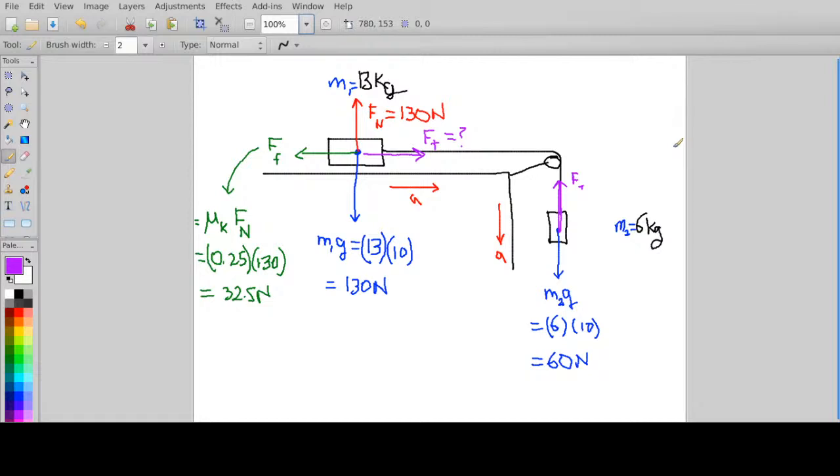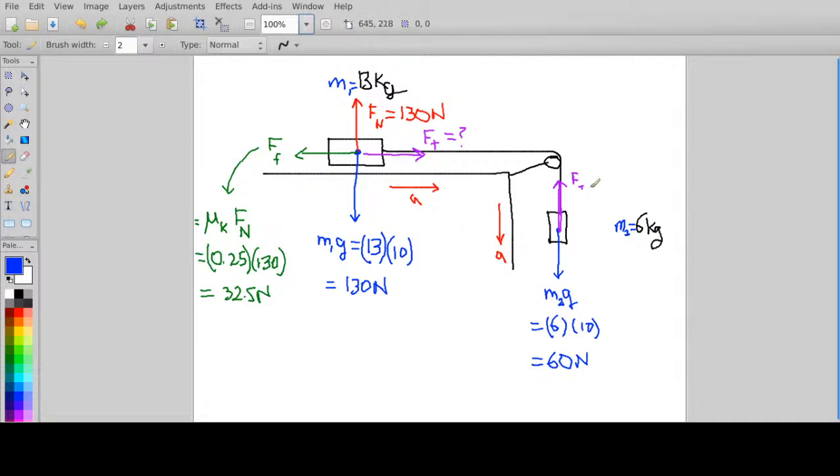There's just nothing that tells you what it is. The only thing you can say is that Ft has to be bigger than the frictional force. It has to be bigger than this 32 over here. And the reason is that if Ft were less, then it wouldn't be accelerating to the right, it'd be accelerating to the left. So whatever that Ft is, it has to be bigger than the 32.5. But we don't know its value yet.